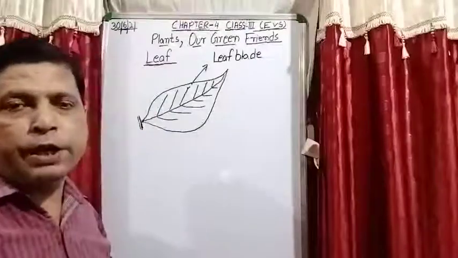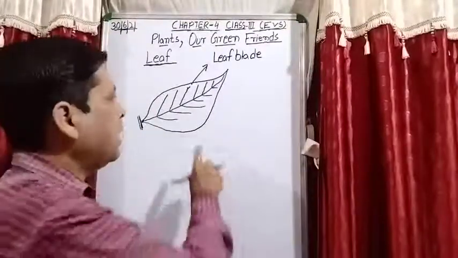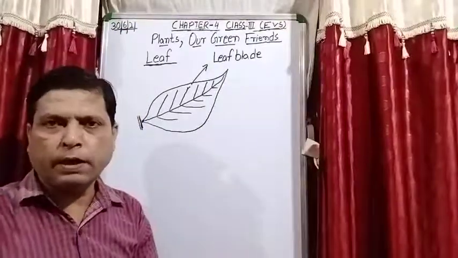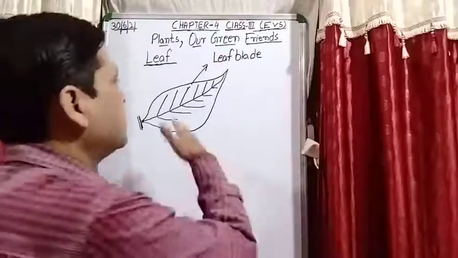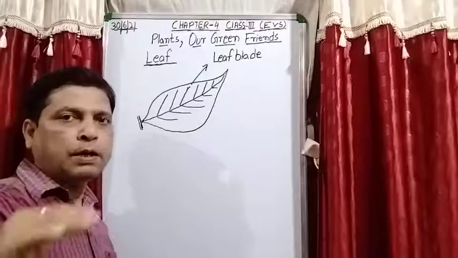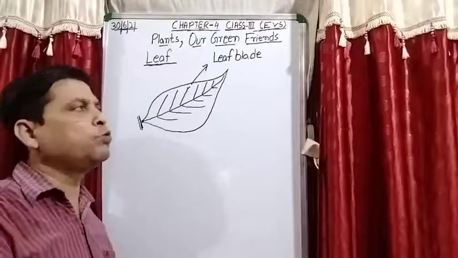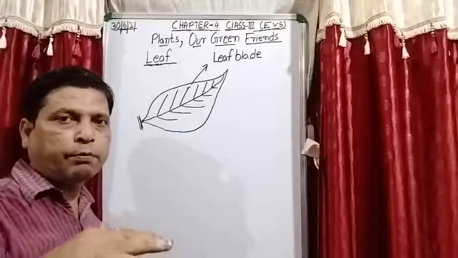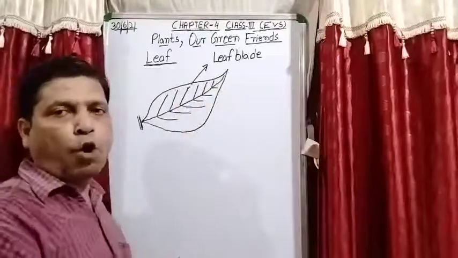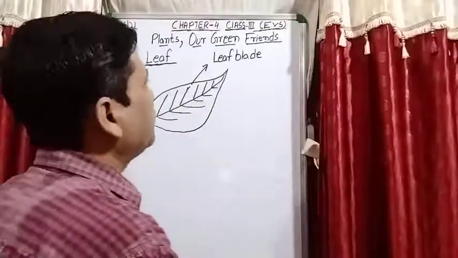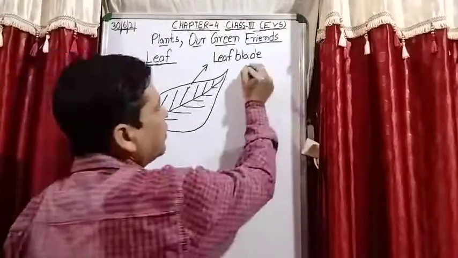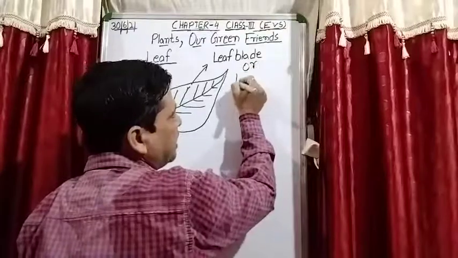Is it clear? क्योंकि लीव्स पत्ते क्या होते हैं, जो पेड़ों के पत्ते होते हैं वो बहुत पतले होते हैं, ठीक है. सो दिस थिन फ्लैट होते हैं, उसका सरफेस अगर आप अपने हैंड से टच करोगे देन यू विल अंडरस्टैंड द सरफेस ऑफ द लीव इज फ्लैट. So thin flat broad part of the leaf we say it as a leaf blade, or you can also say it as a lamina.